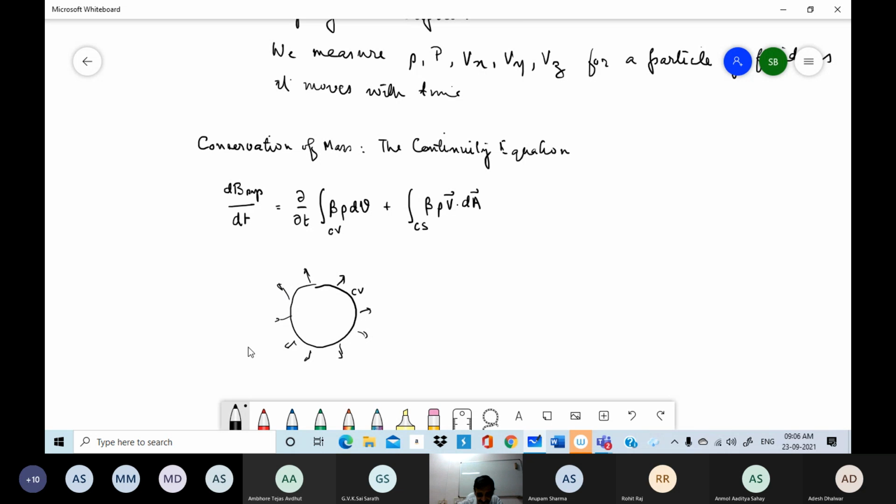Then the system boundary moves out with time. So the rate of change in the entire system, so which means the expanding volume, is the rate of change inside the control volume plus the rate at which it goes out. And then we had shown that if we have mass flowing in, then also this is valid.